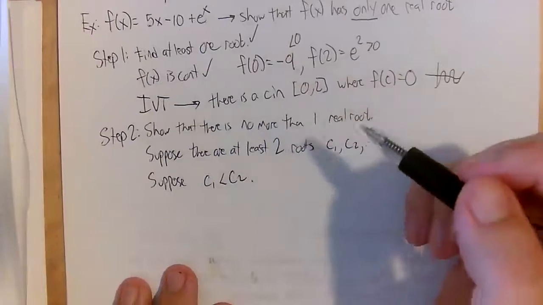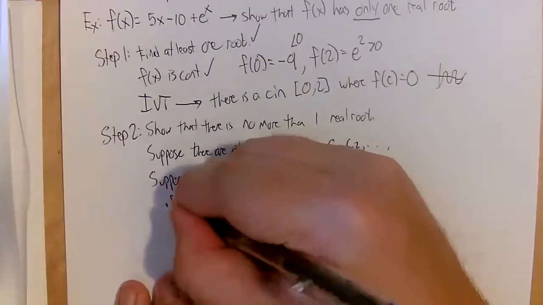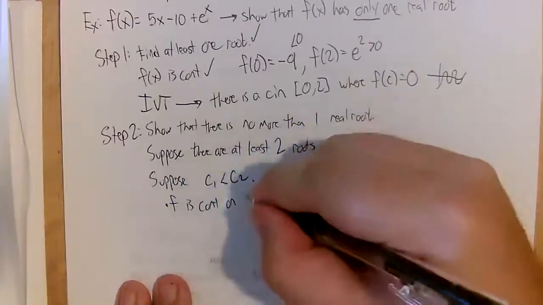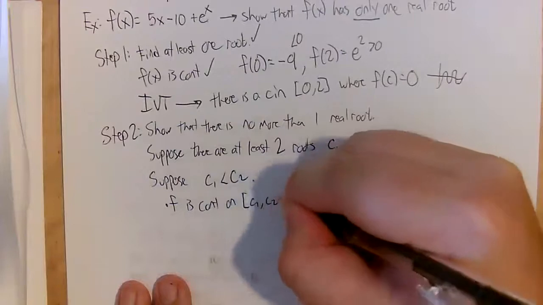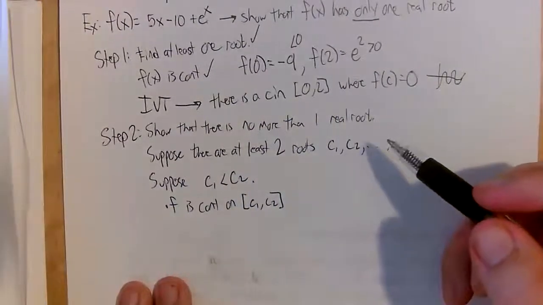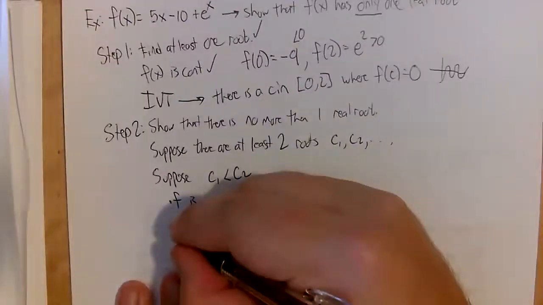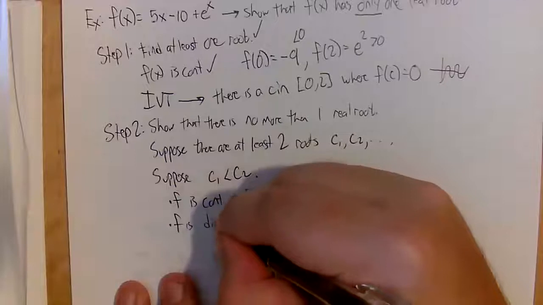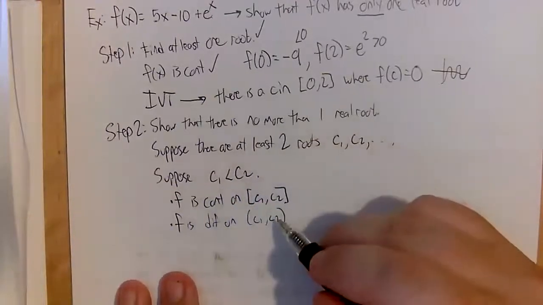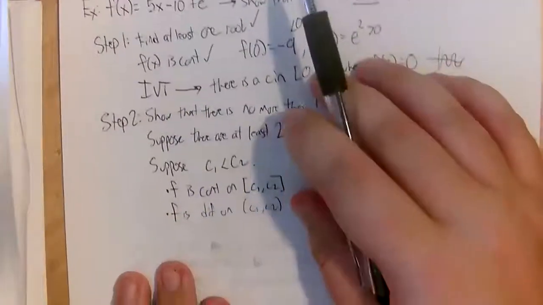Remember, these are all x values that we plug into our function to make it 0. All right, so let's take a look at what we know. We know that f is continuous on the interval C1, C2, because f is continuous everywhere. We know that f is differentiable on the open interval here, because again, we could take the derivative of this and that's going to exist everywhere.